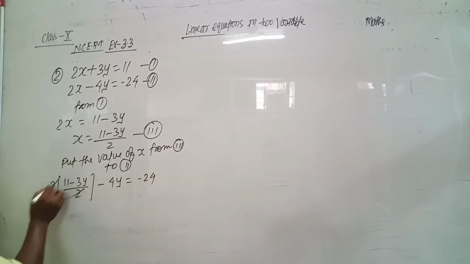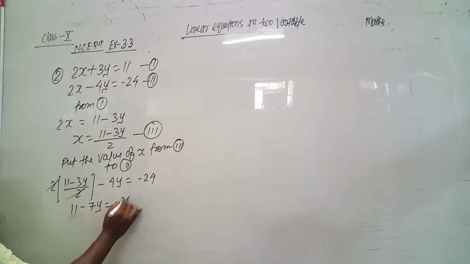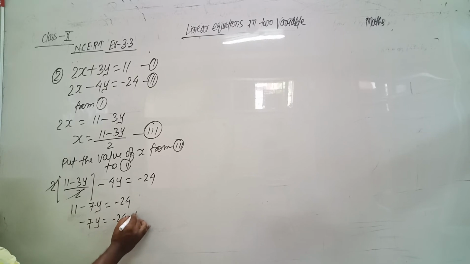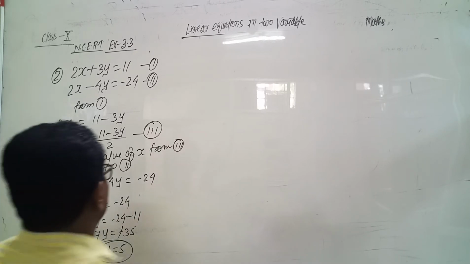The 2 and 2 get cancelled, and 11 minus 3y minus 4y, minus 7y, equals minus 24. This 11 goes to the right side, becomes negative. So minus 7y equals minus 35, minus and minus cancelled, and y equals 35 by 7. So we get the value of y is 5.